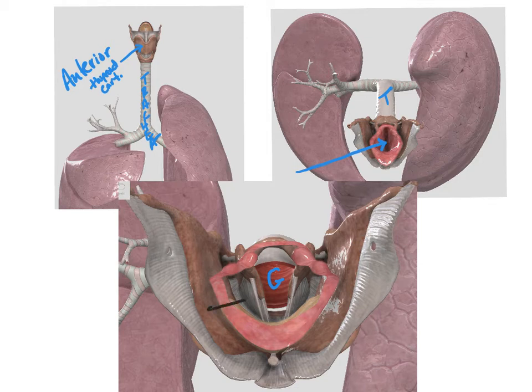So here would be those vestibular folds, and then just inferior to it would be those true vocal folds. I don't talk too much about vocalization. Your book does an okay job of explaining how that works.